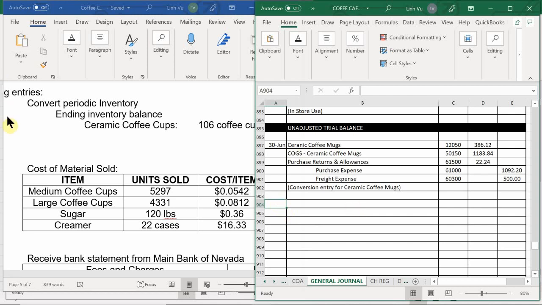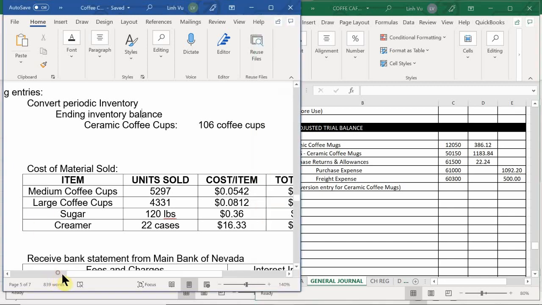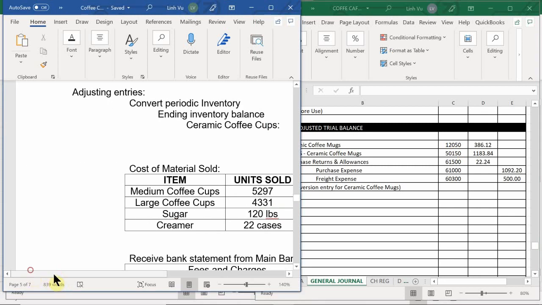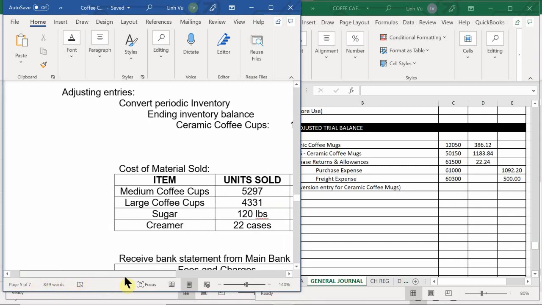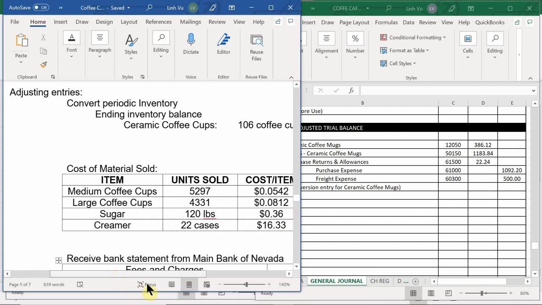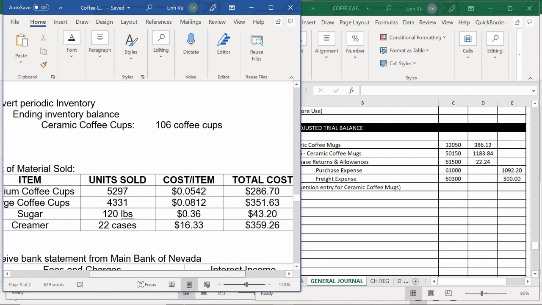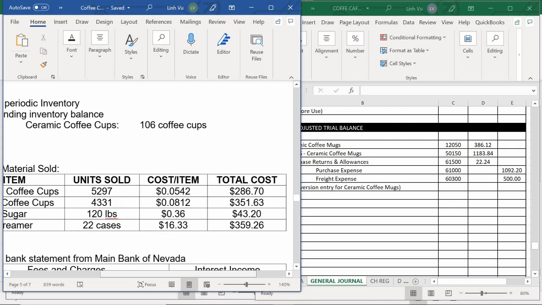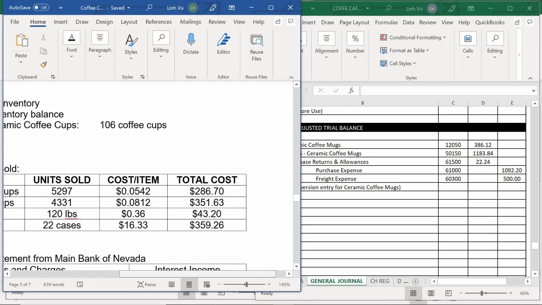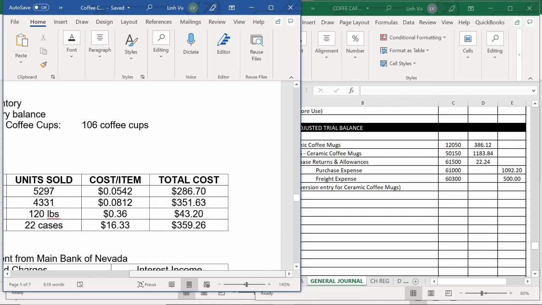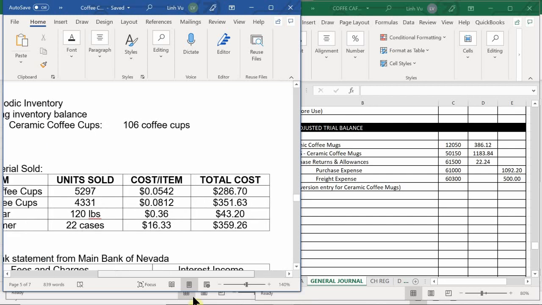So now we are going to record the cost of materials. Here it shows me how much of each business supply we used. For the medium coffee cups, I used 5,297 cups at 5.42 cents each, which gives me a total of $2,806.70.